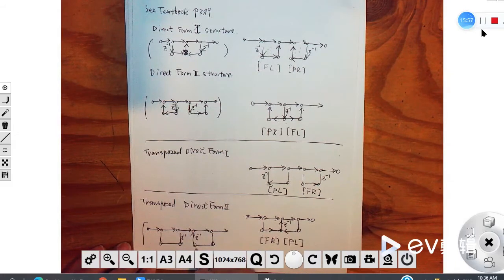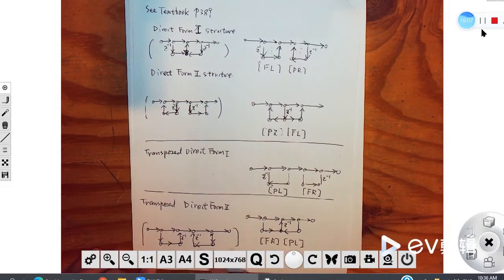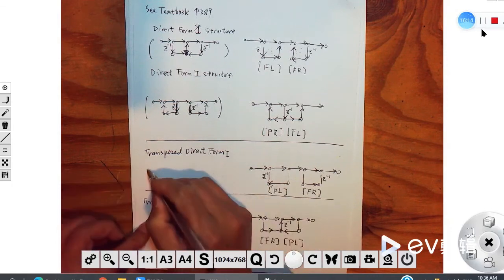This is a backward, this is forward. Like this way, like this way. So the middle part we merge them together. And this one you can also merge.